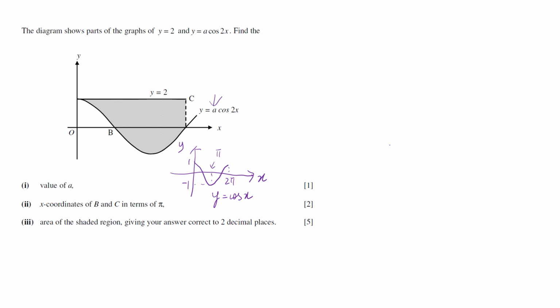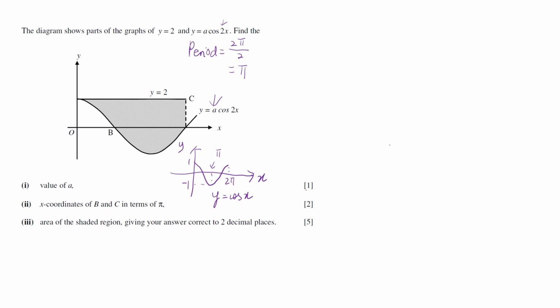The minimum value of y equals cos x happens at x equals pi. What we need to do is find the period for y equals a cos 2x. To find the period, instead of 2 pi or 360 degrees, we use 2 pi divided by the coefficient of x, which in this case is 2.